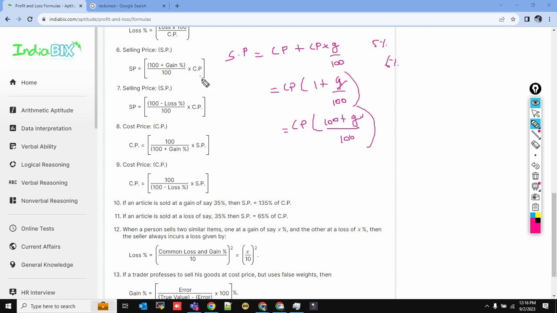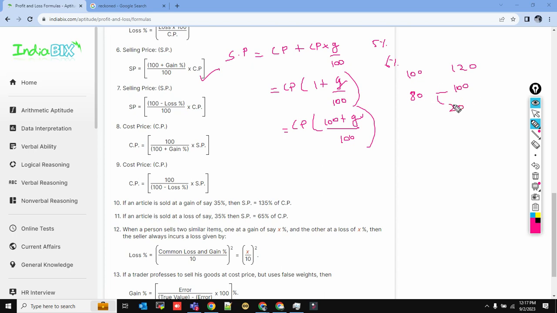This is what is here. 100 plus gain percentage. This is not the actual gain, right? Suppose you are buying for 80 rupees and if you are selling for 100 rupees, your gain is 20 rupees.